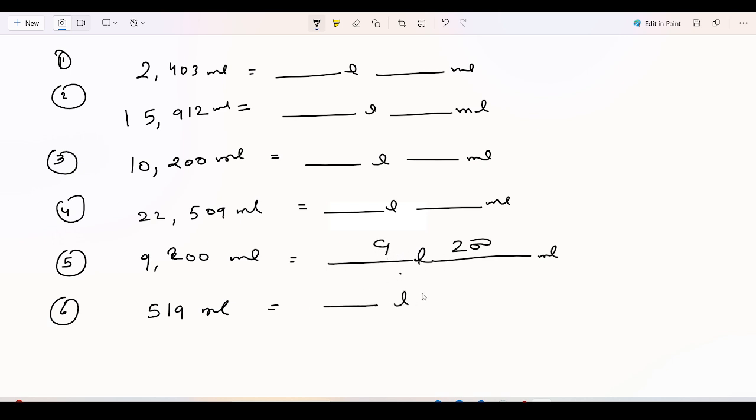I said 200. You put 20. That's 200. 519. Tell me about this one. This one is 6. 0. Very good. And milliliter? 519. Very good.